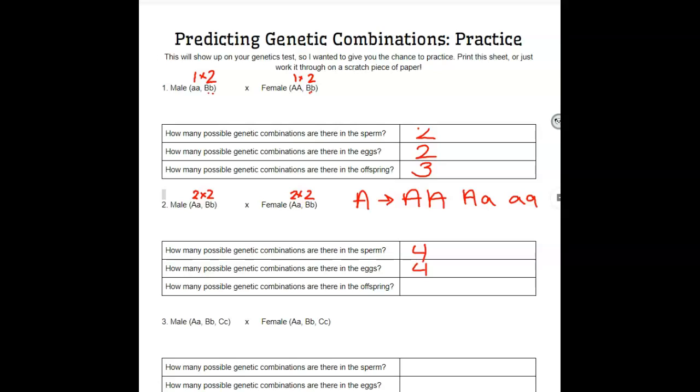Here are all of my possible potential combinations for my A location. Looking at my female, I have a big A and a big A, and in my male, so big A is a possibility. I have a little a in both my male and my female, so big A, little a and little a are also possibilities. So that's going to be 3 different options. For my B location, again, same deal.